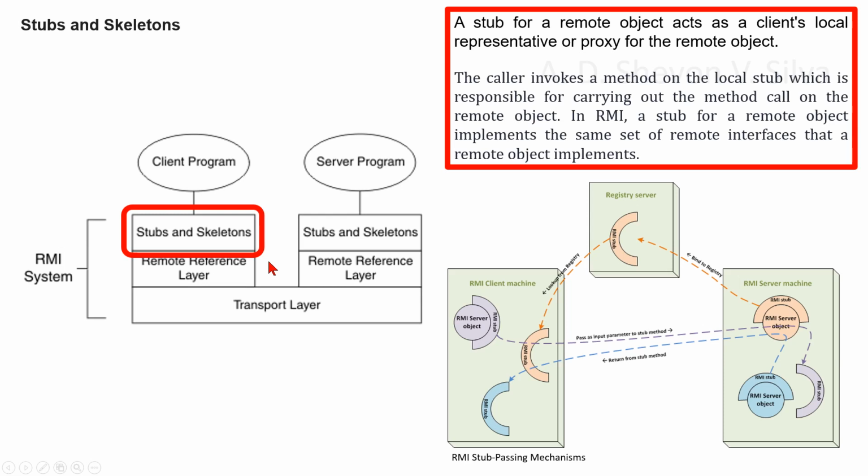The caller invokes a method on the local stub, which is responsible for carrying out the method call on the remote object. In RMI, the stub for a remote object implements the same set of remote interfaces that a remote object implements.